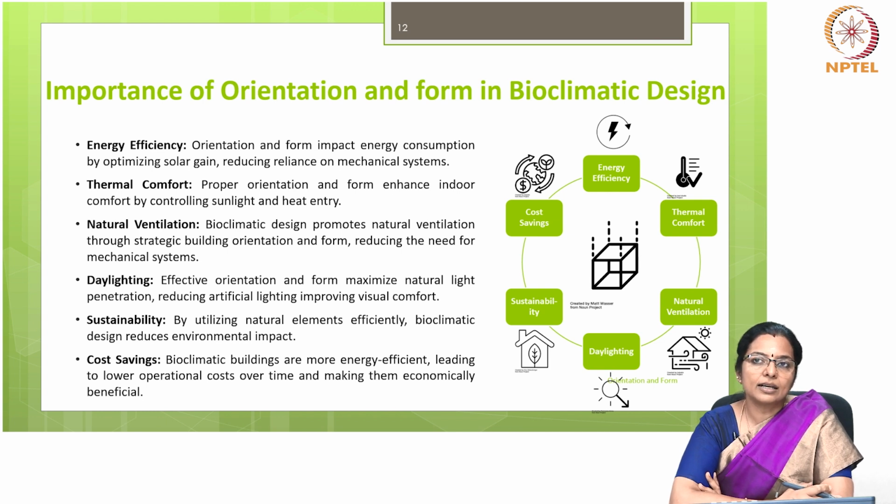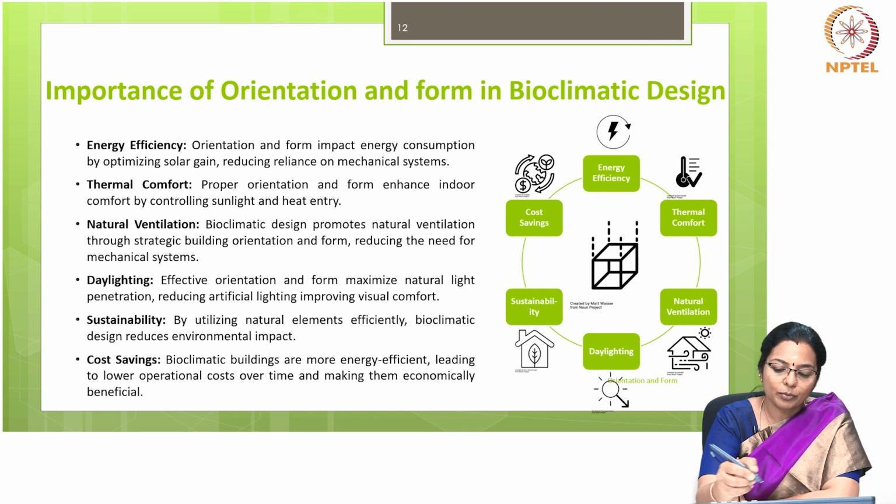And these actually do not cost much because this is the process and the work of the designer. The strategic alignment of the building with the sun's path allows for effective solar gain in winter and minimizes heat gain in summer, reducing the need for mechanical heating and cooling systems. Additionally, proper orientation and form facilitate natural ventilation and daylighting.